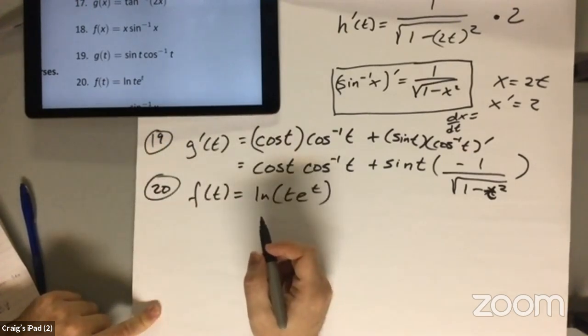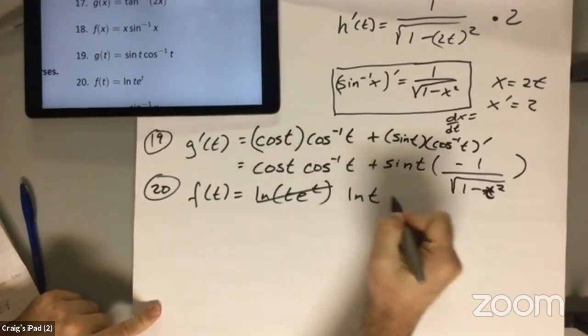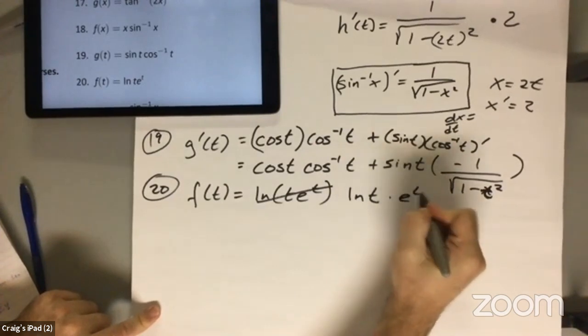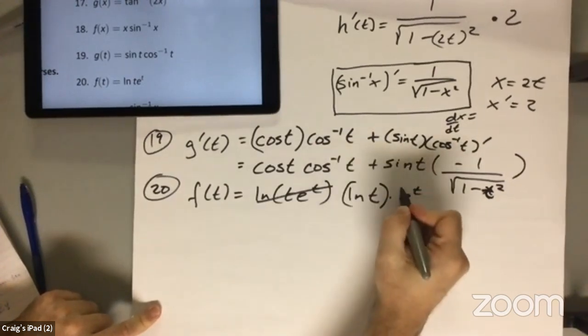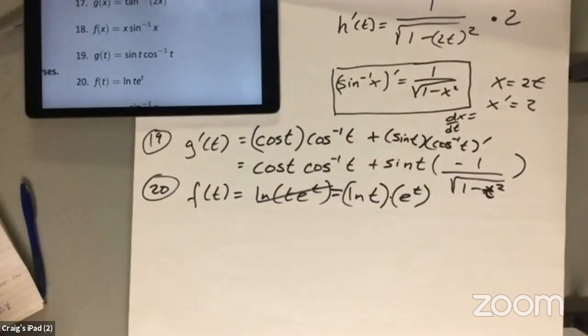But order of operations says no. If you don't put the parentheses around it, then that's not correct. It's the natural log of t times e to the t, like that. That's actually what this would be if you entered it into a computer algebra system.